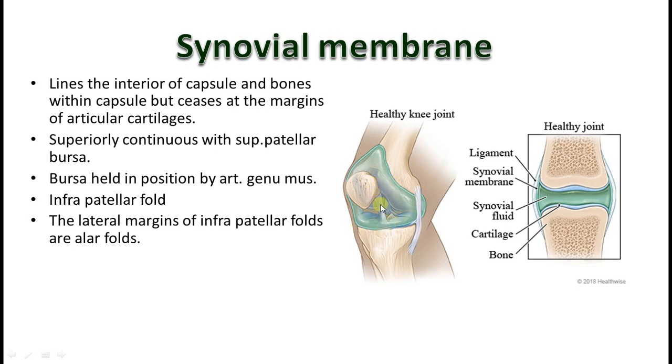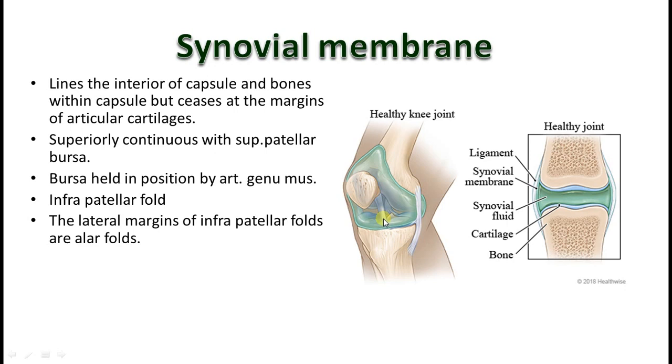The foramen divides the septum into an anterior part and a posterior part. The posterior part of the primitive intercondylar septum gives rise to your cruciate ligaments, and now the synovial membrane lines the sides of these cruciate ligaments.